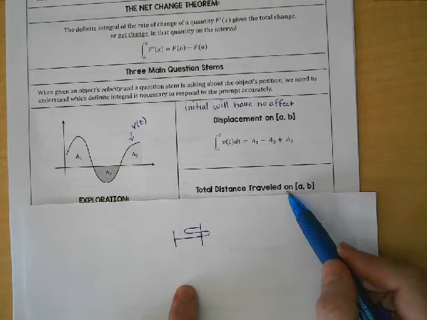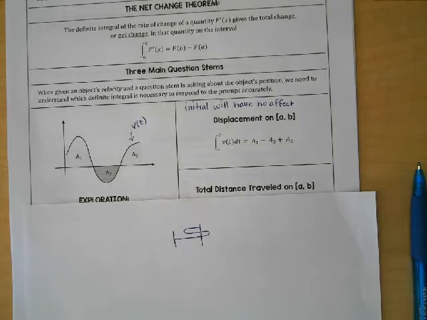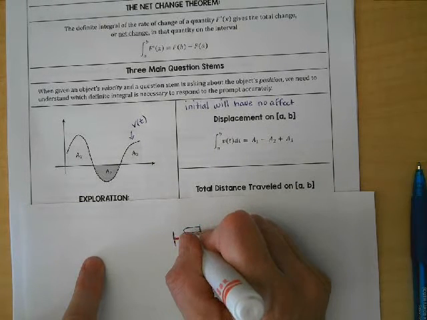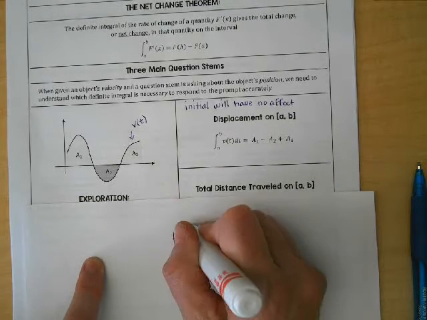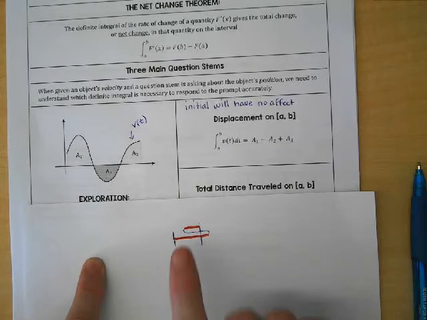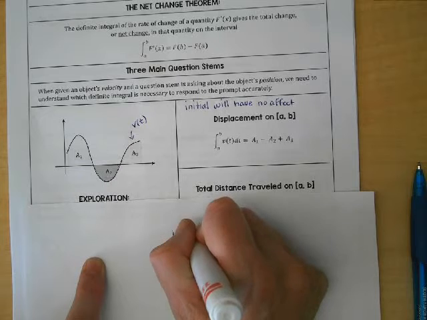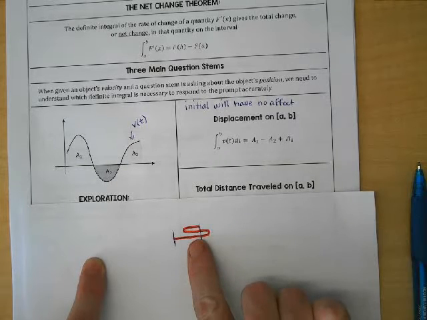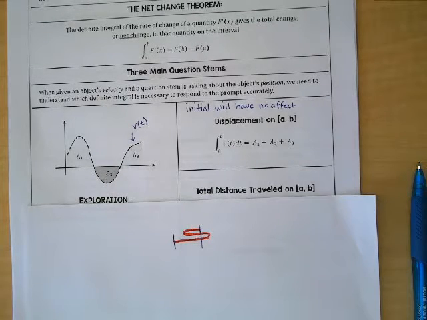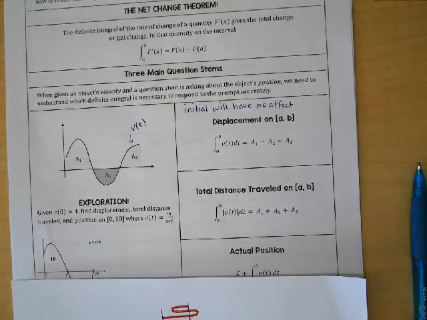Now, if I wanted to know total distance traveled, then I would have to add up this distance from here to here, and this distance from here to here. But remember, if velocity is negative, if it's going to the left, I would take the absolute value of anything going to the left. I want you to think about total distance traveled as adding all of those up.